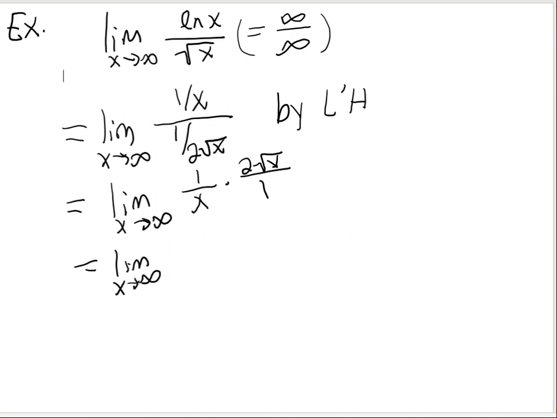Or what do I have? 2 over square root of x. And if you plug this in here, it's going to be 2 over infinity or 0. Because remember, any positive number over infinity or any negative number over infinity, you're going to just get 0.